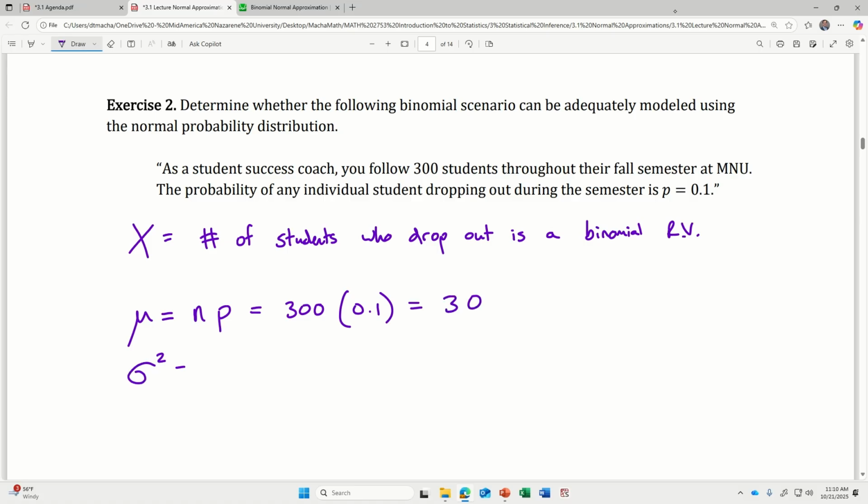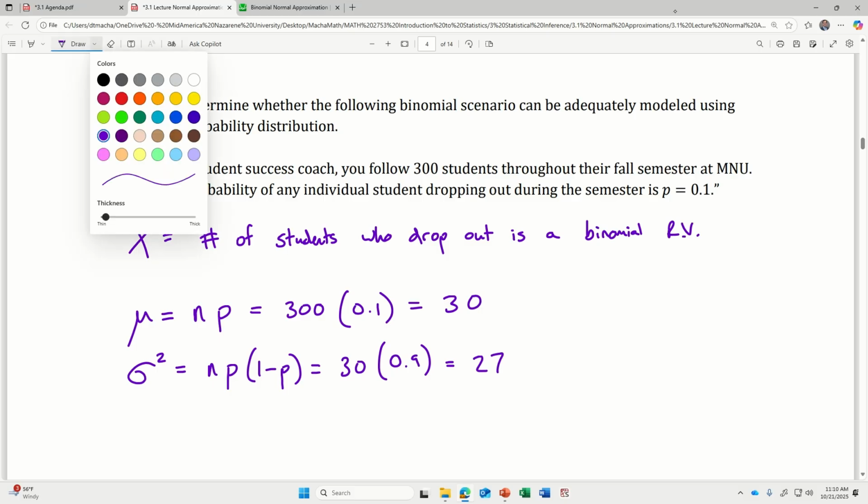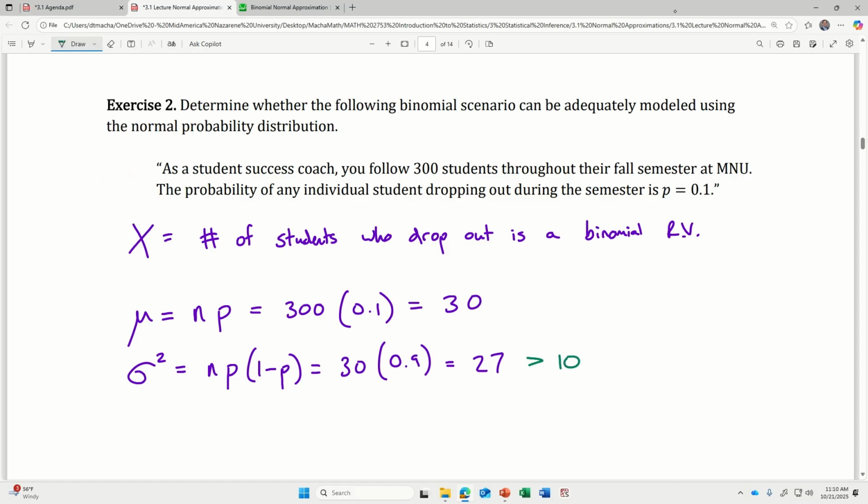And then I want the variance, which is n times p times 1 minus p, which is going to be 30 times 0.9, which is 27. So, you tell me, can we adequately model this scenario using a normal distribution? Yeah. Because this number is greater than 10, we can use a normal distribution to approximate that.